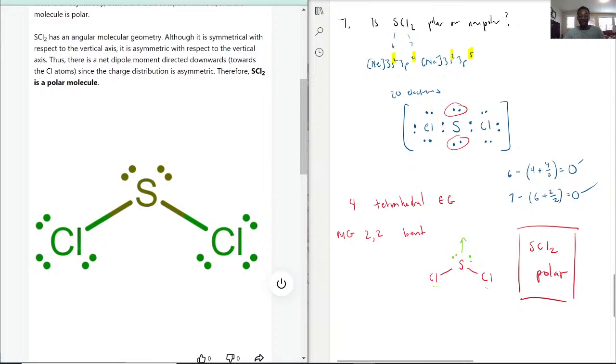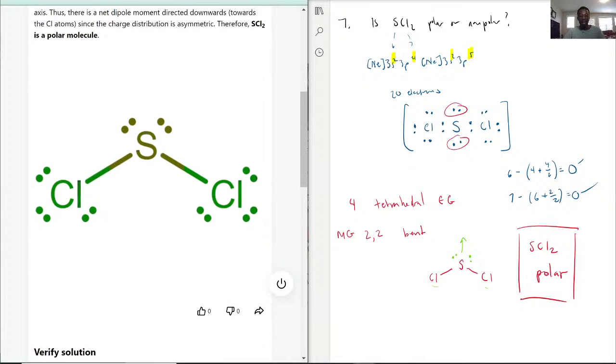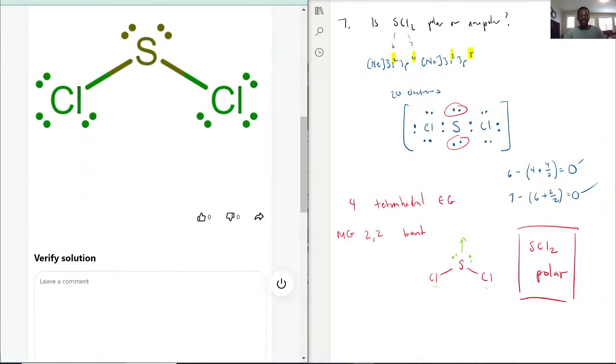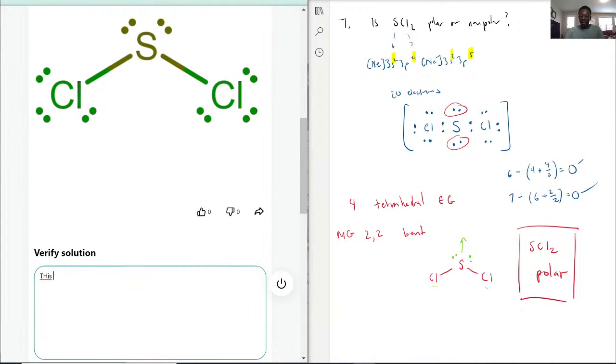In respect to the horizontal axis it's symmetrical. The vertical axis, though, is asymmetrical. So that being said, it is indeed polar, and this is correct.